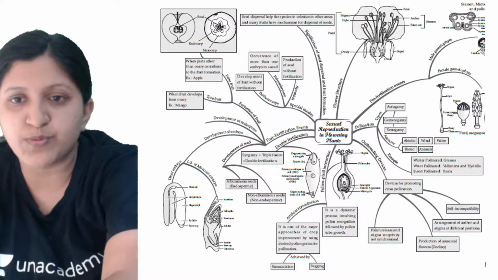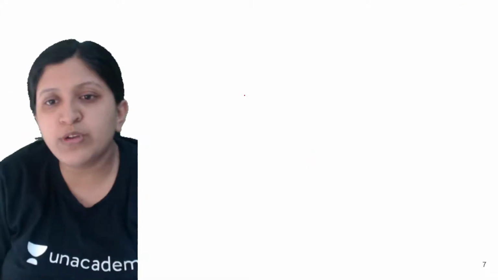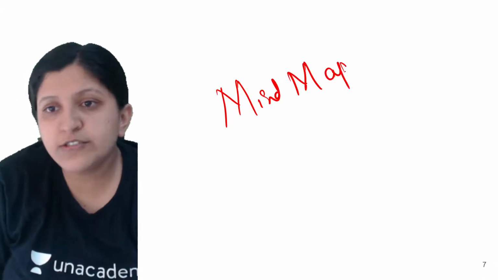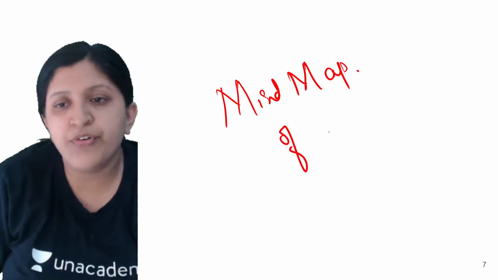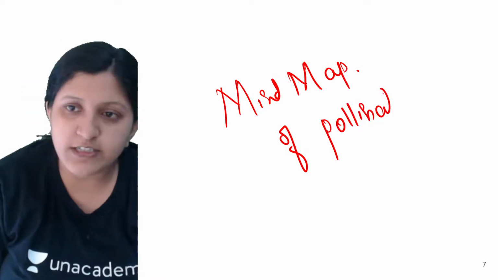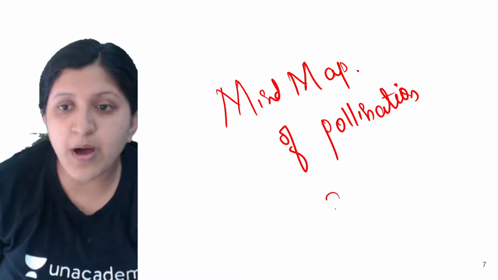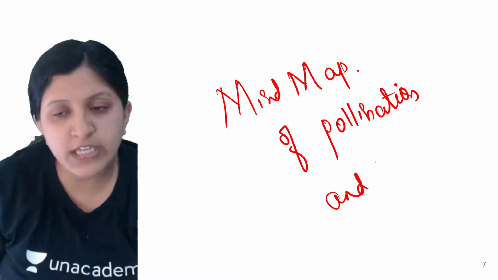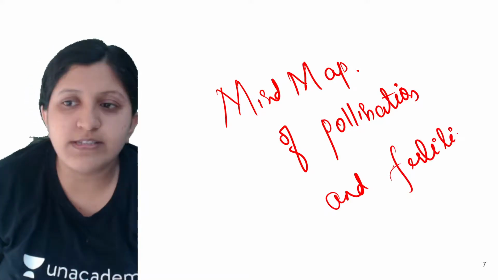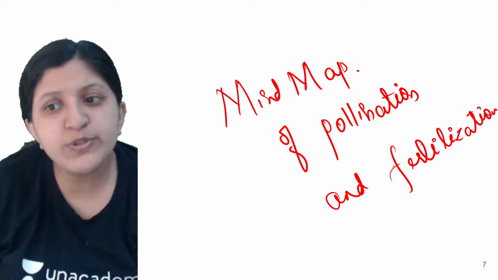So let's get started with the mind map. Today what I'm going to discuss is the mind map of pollination and fertilization. That is your chapter where you will be discussing the types of pollination and also the fertilization concept, which I have already taken on YouTube, so you can watch the recordings of those sessions.